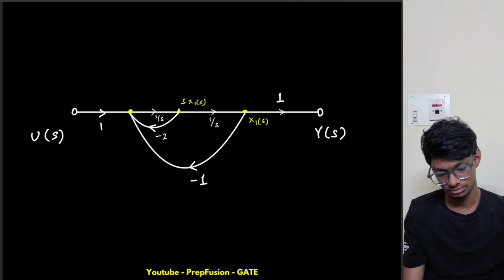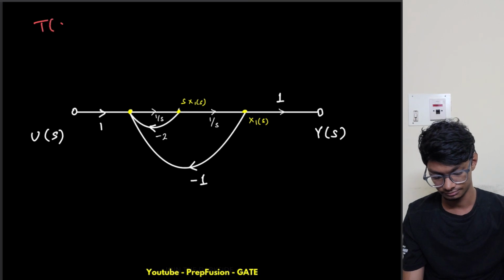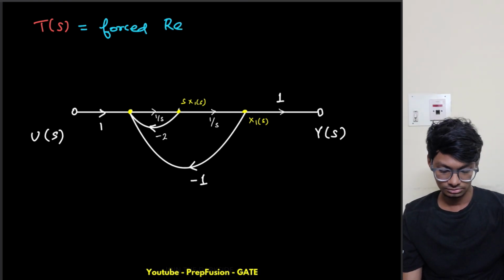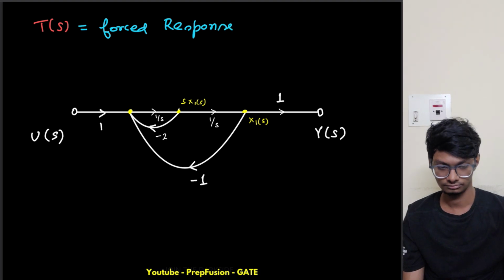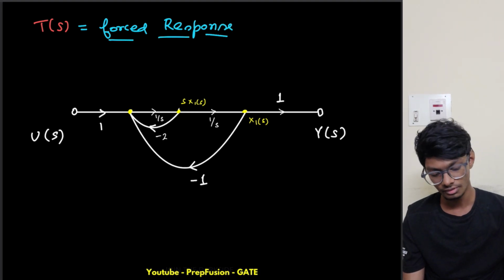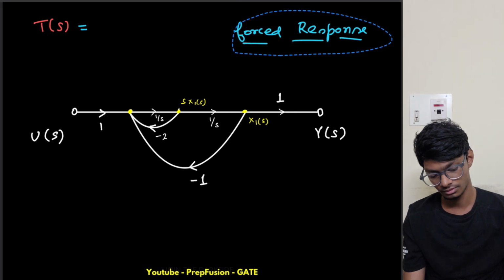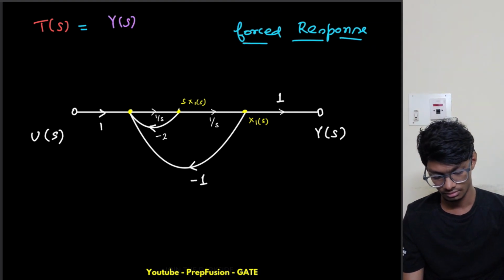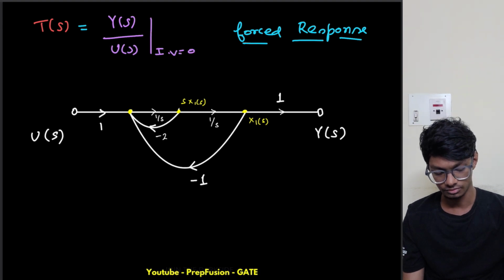So we have to find the forced response. Transfer function is the forced response, which is basically Y of s upon U of s when the initial values are equal to 0.